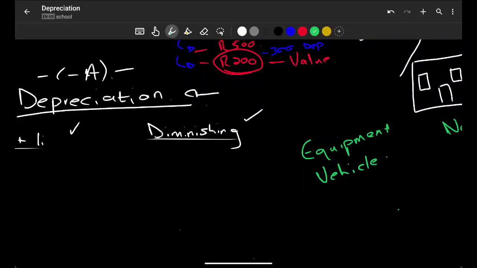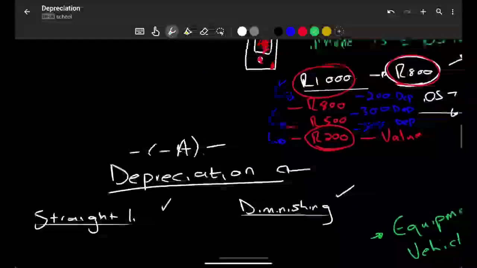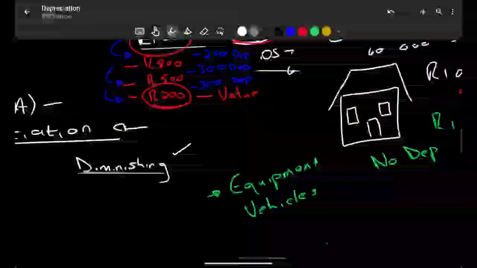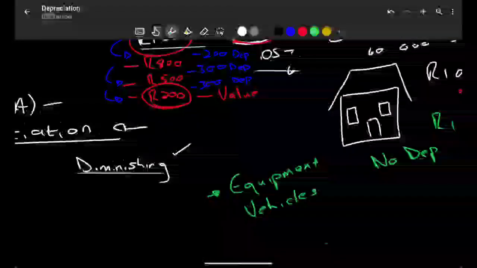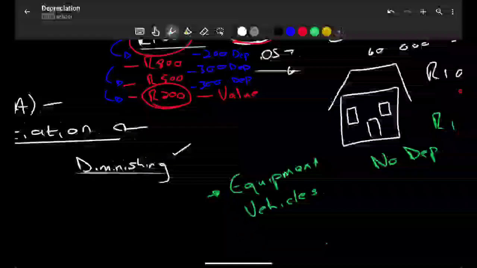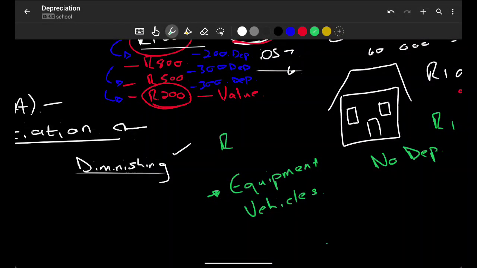Vehicles, the example that I made. Equipment can be similar to a cell phone. Your computers in the office are equipment, and they lose value. A computer that was bought 10 years ago for 1,000 rand, you could probably get it now for 200 rand, right? It lost its value.